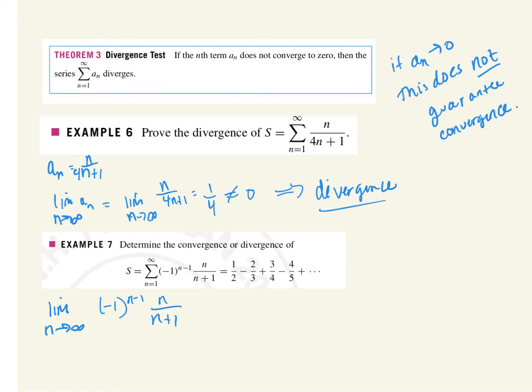So this portion, the n over n plus 1, no problem. That's 1.